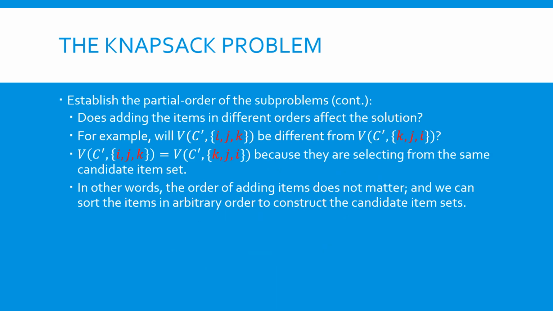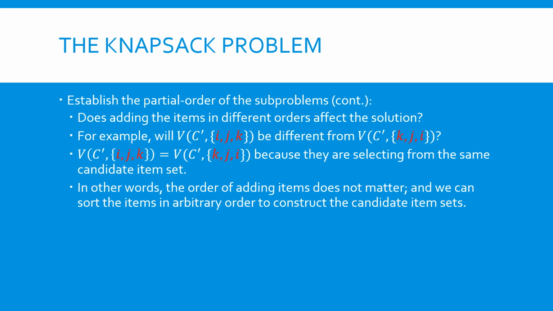If we adopt this approach, we will need to specify in which order we should add the items. Remember that a subproblem is defined with the candidate item set, which is unordered by definition. Therefore, the order in which we add items does not matter. For example, the two subproblems V(C', ijk) and V(C', kji) should have the same optimal solution, because we are selecting from the same set of candidate items.